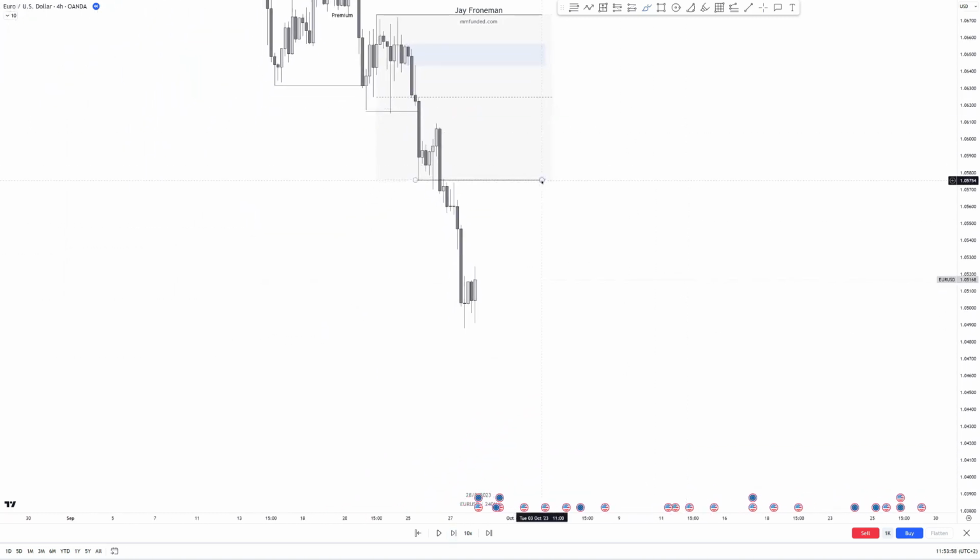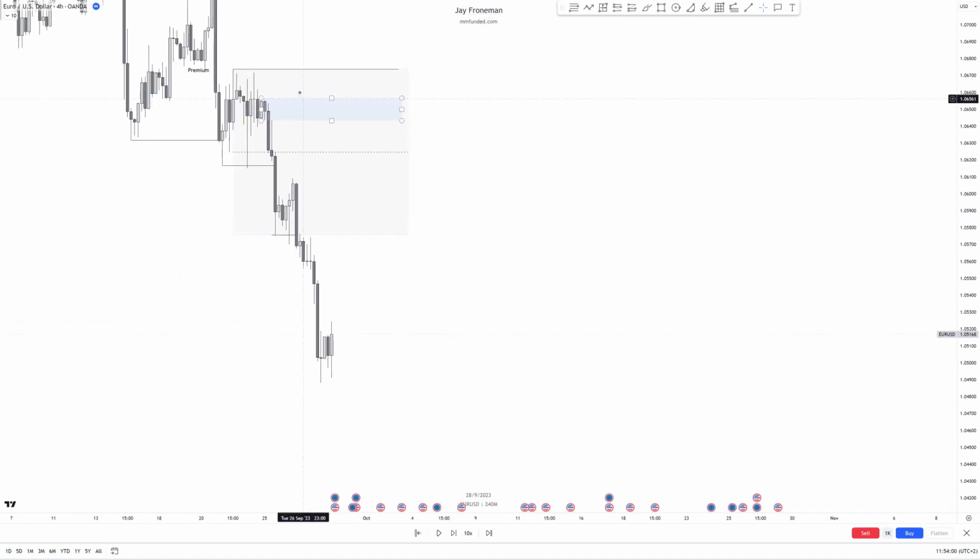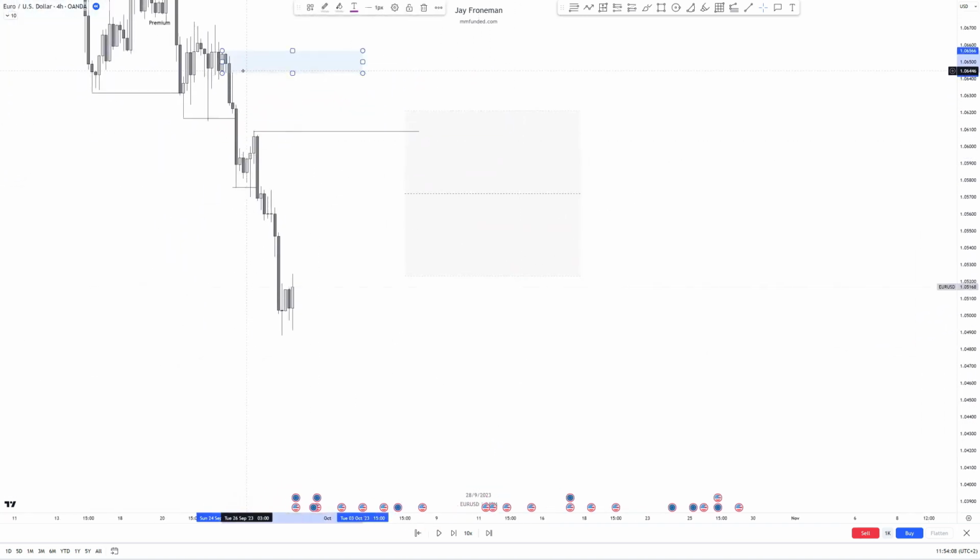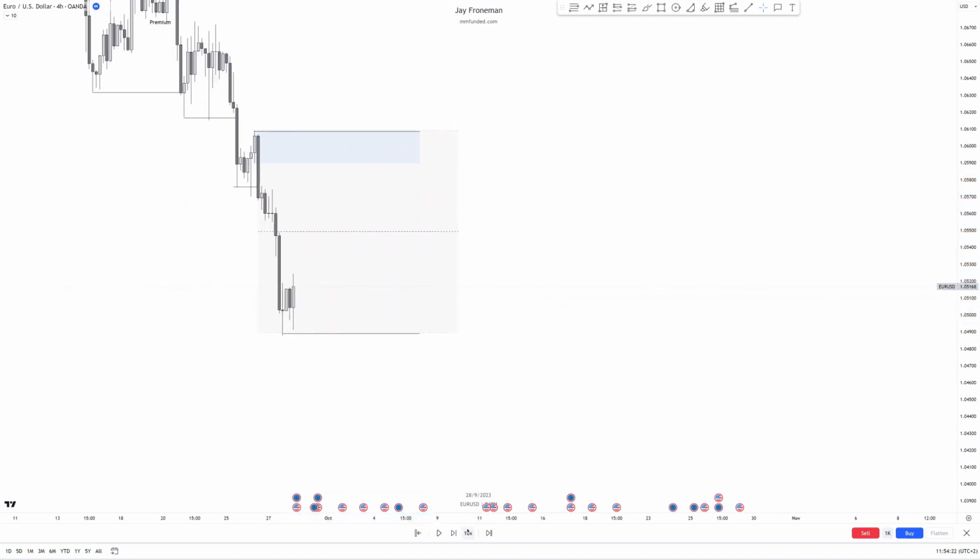Okay, and a new break of structure to the downside. New strong protected highs. New area of supply. Weak exposed lows. And we can mark out our discounted and premium areas of pricing.